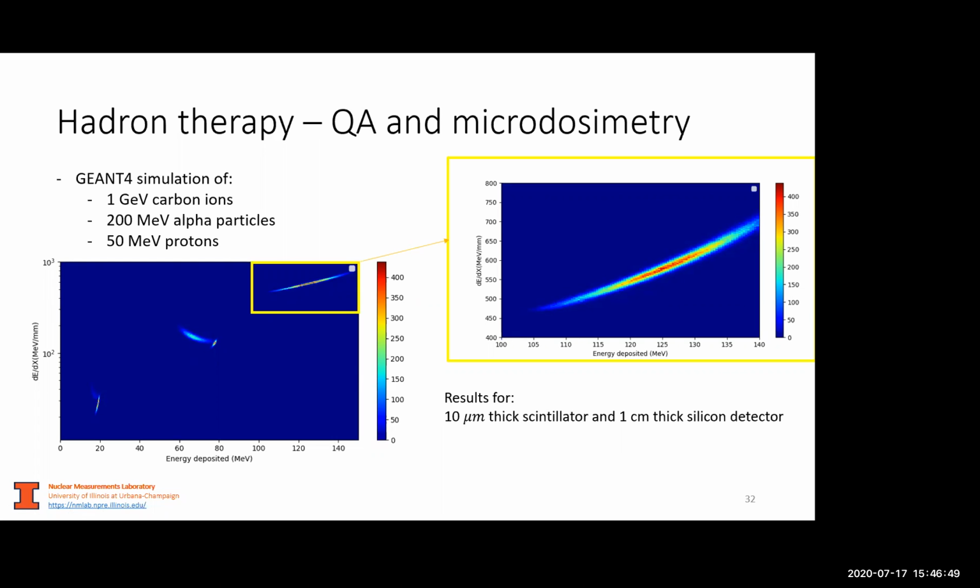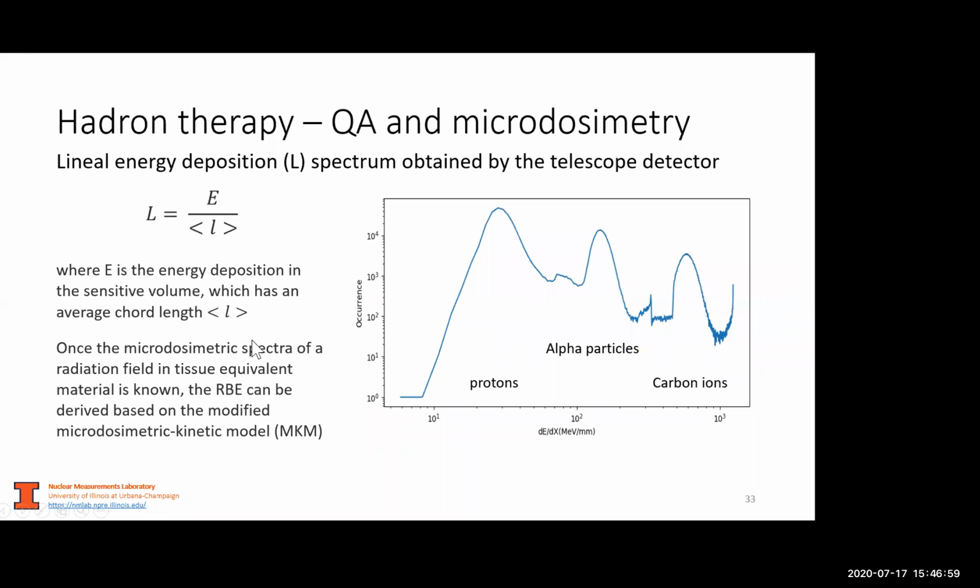If we then project all our energy deposited onto the dE/dx axis, we obtain this linear energy deposition spectrum, which can then be used to calculate microdosimetric spectra, which are nothing else than the square of the linear energy deposition as a function of the linear energy deposition.